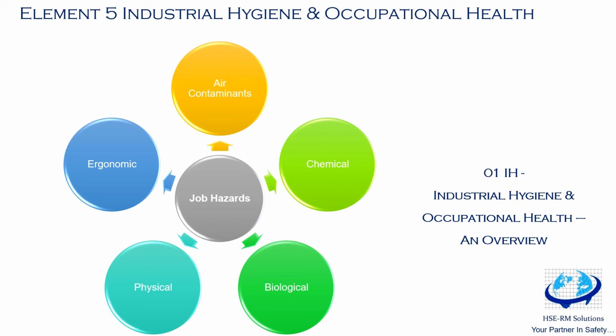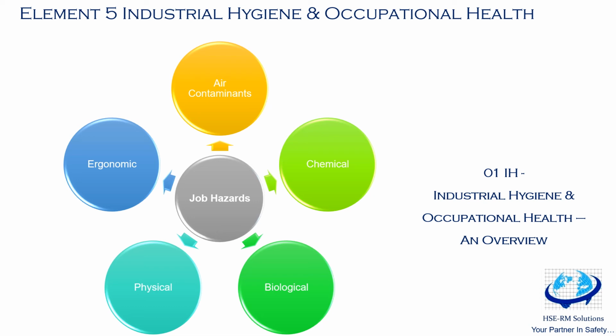Everybody is aware of chemical hazards. Harmful chemical compounds are present in the chemical industry. The toxic effect of these chemicals affects our health. How does it affect us? We breathe them in, we come in direct contact with them through skin, and during eating and drinking.